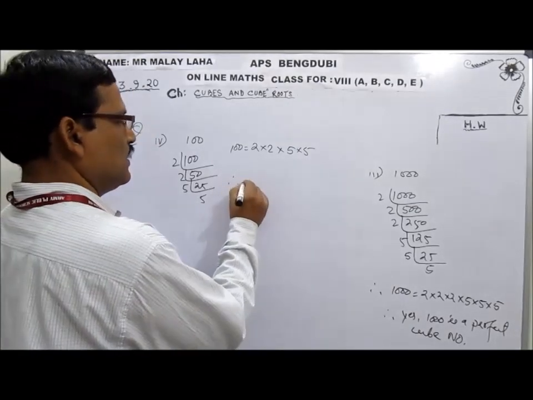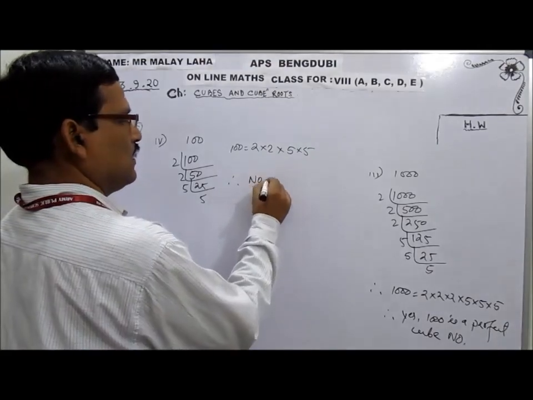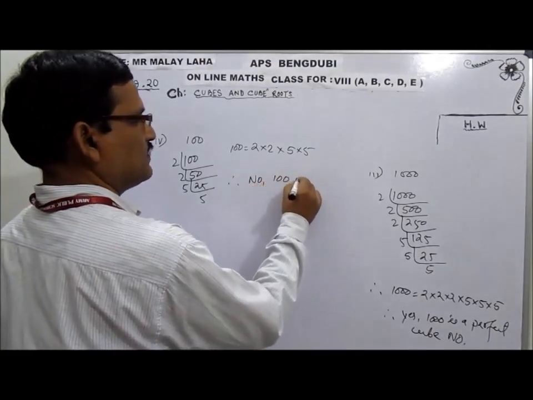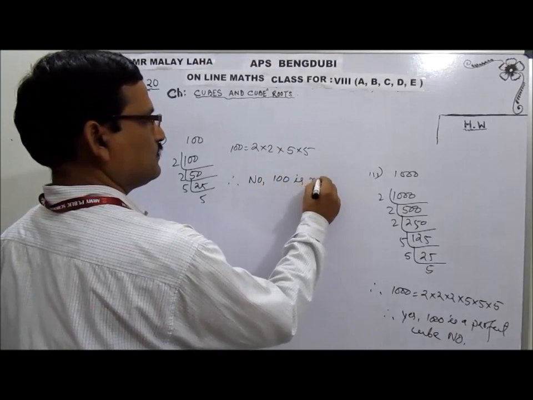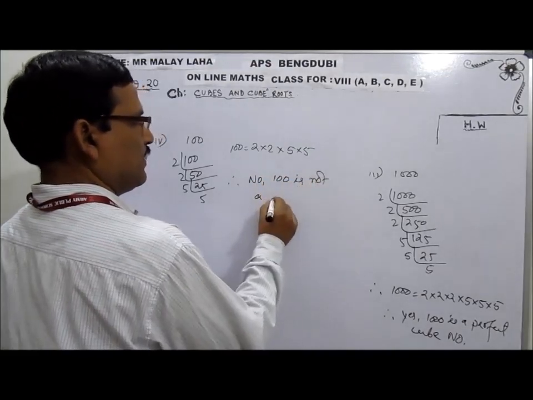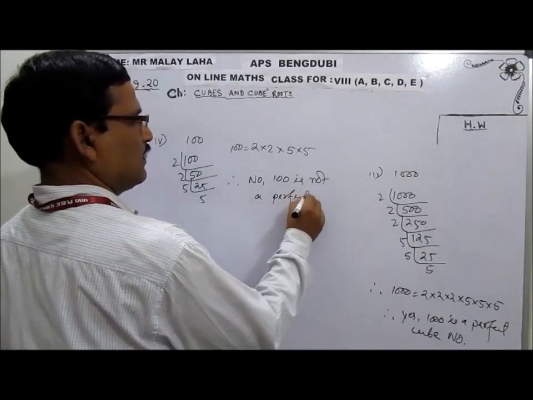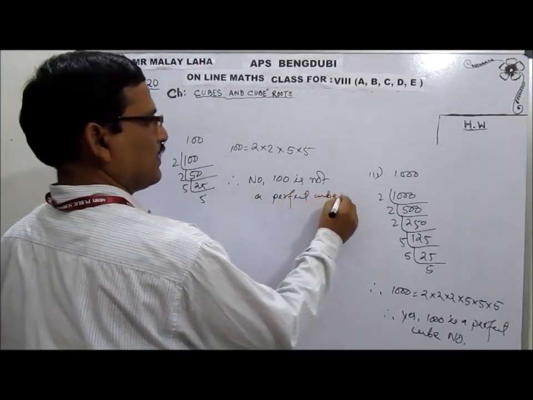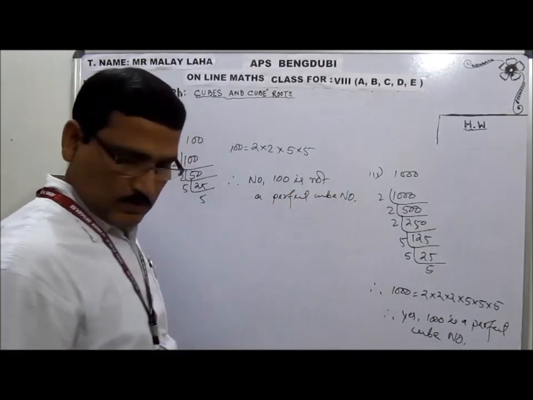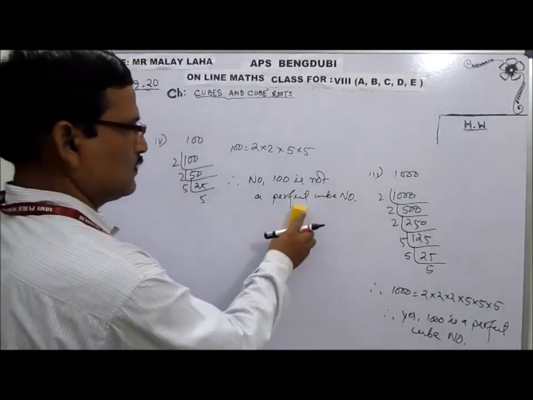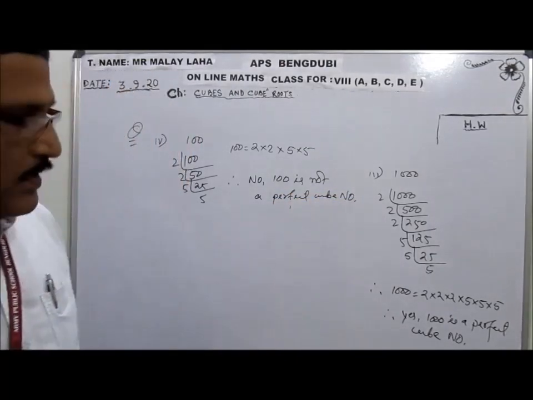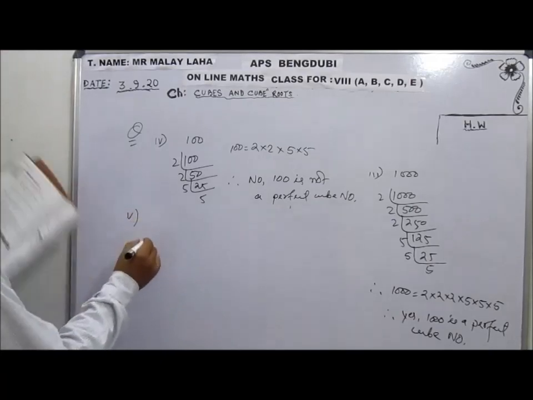So therefore, no, 100 is not a perfect cube number. Are you clear?